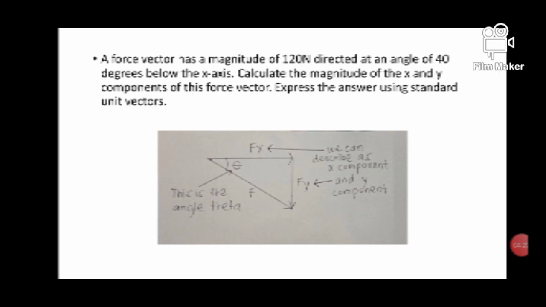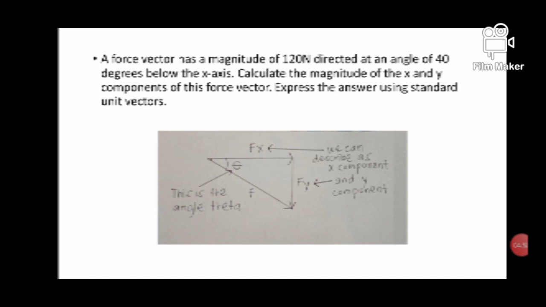Calculate the magnitude of the x and y components of this force vector. Express the answer using standard unit vectors. First, we have to write what was described in the problem, and you can see it in the drawing.